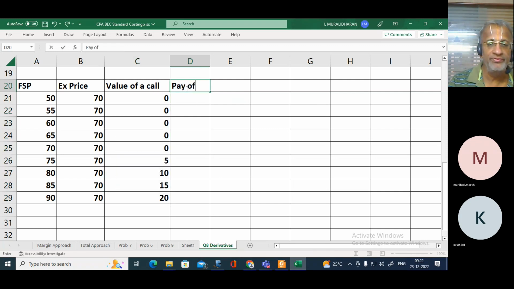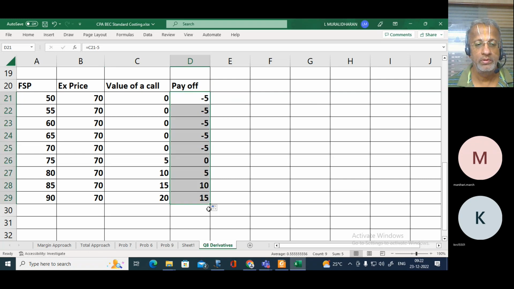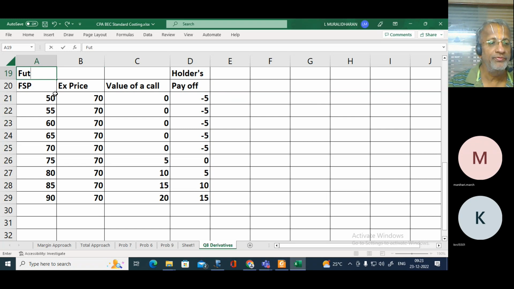So payoff is based on this minus premium. How much is the premium? 5. So this is holder's payoff, against future spot price. Writer's payoff.